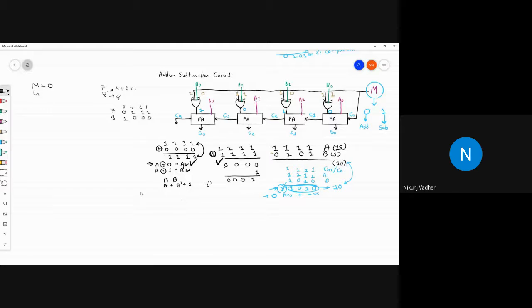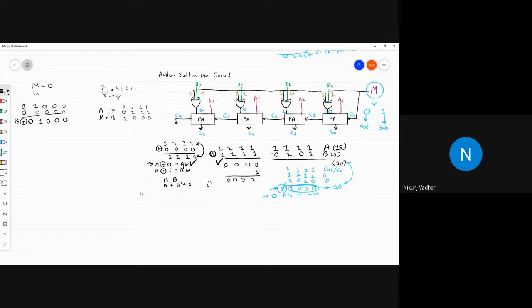Now let's see what we will get at the output of this XOR gate. Here B is 8. This is A and this is B. M is 0, so B is 1 0 0 0, and B XOR 0 gives 1 0 0 0.